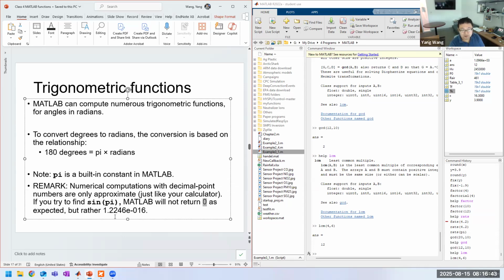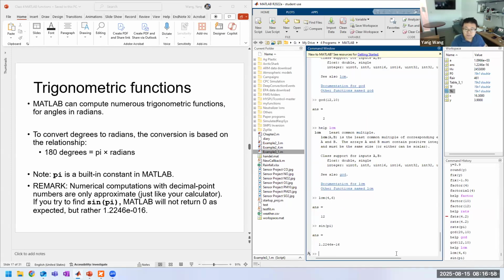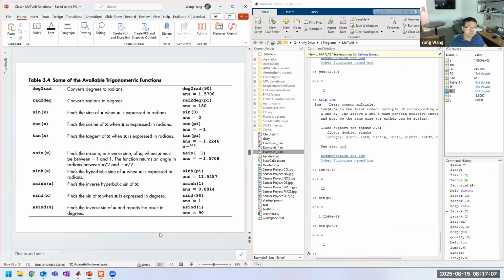That's why it's only an approximation, because each number that you put into MATLAB is stored in a unit, and it depends on the precision of the unit. It cannot go infinitely long, okay? So now if you try sine of pi over 2, it's 1, right? Mainly because of the approximation, it will give you the 1.